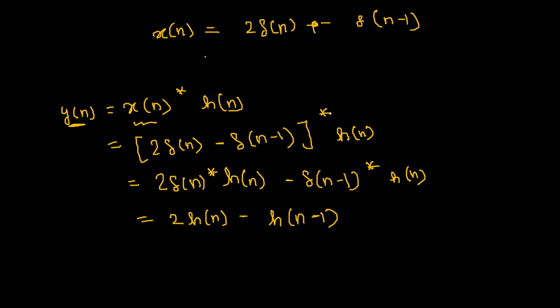The convolution operator is very similar to a multiplication operator. If you have a minus b times c, you can write this as ca minus cb, right? That is exactly what I'm doing here. I'm applying convolution with respect to h of n alone, and then I'm applying convolution with the second term.